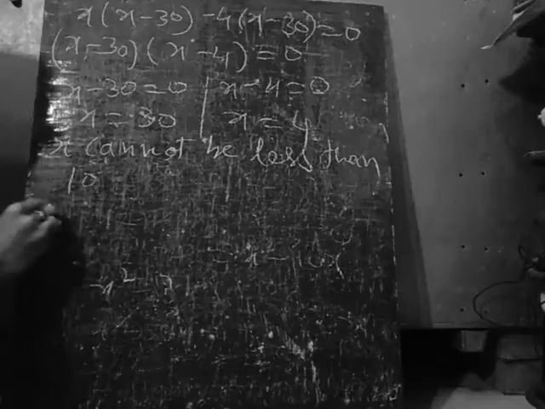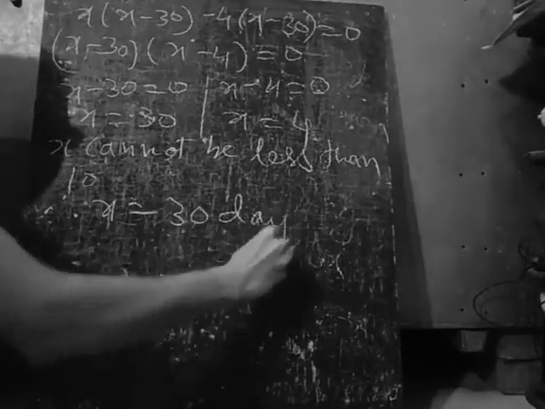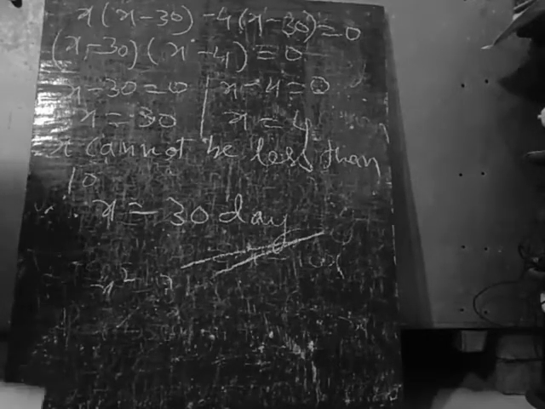Therefore, x equal to 30 days. B completes the work in 30 days.